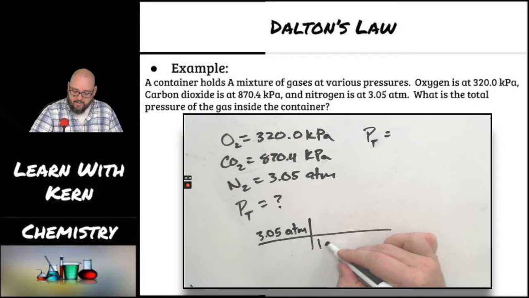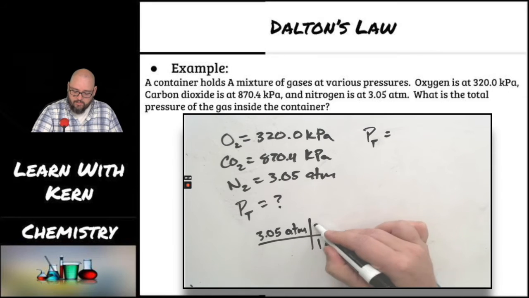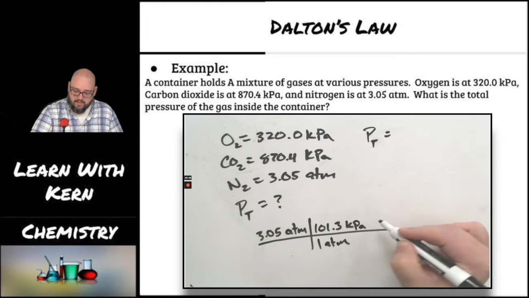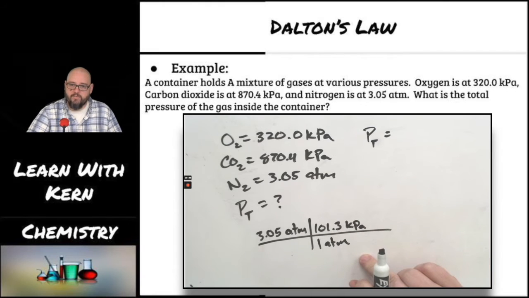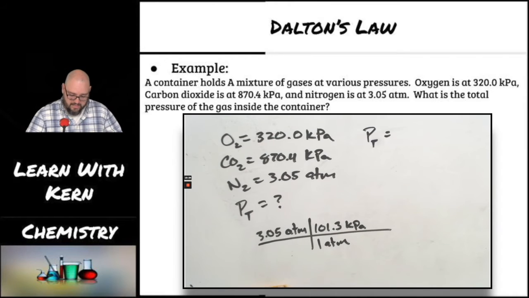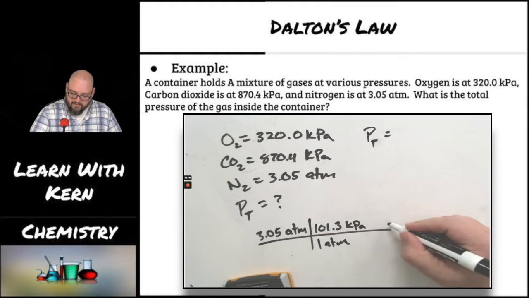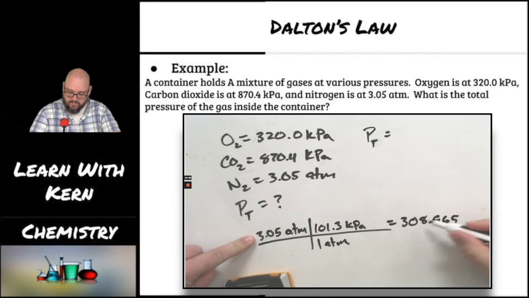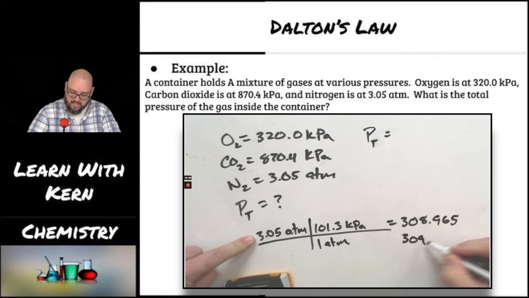So 1 atmosphere is equal to 101.3 kPa. That's one of the conversions that I just gave you. So we simply have to multiply those together. So 3.05 times 101.3, and that gives me 308.965, but I need only 3 significant figures, so that'd be 309 kPa.